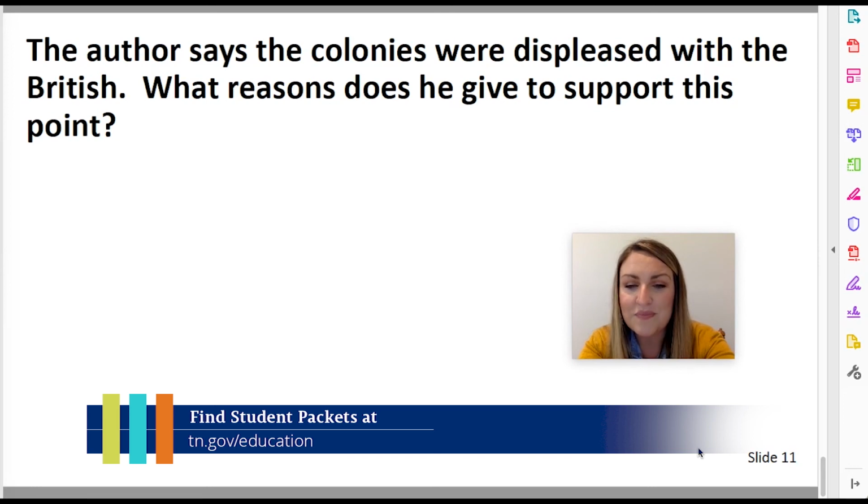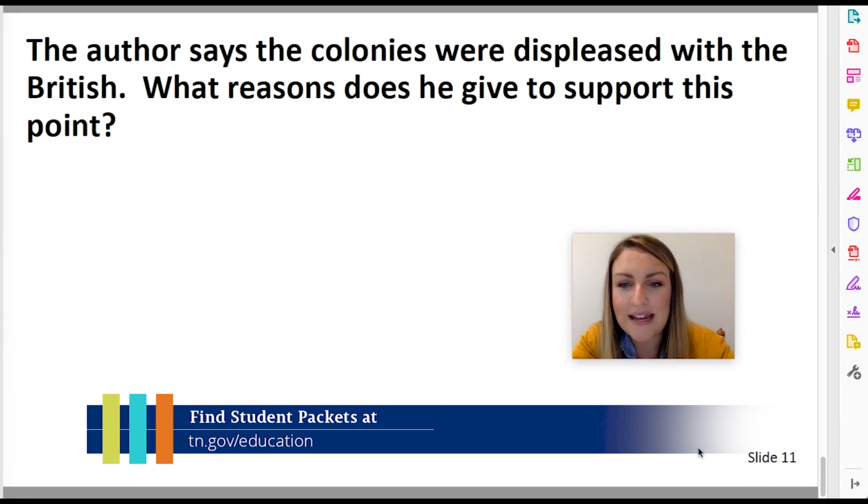Ready? The author says the colonies were displeased with the British. What reasons does he give to support this point?